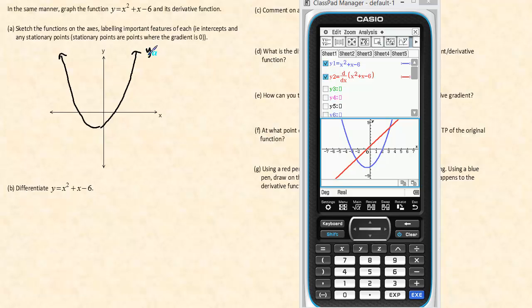So this one is x squared plus x minus 6, and then this one here is a straight line like so. So this one here is going to be y is d dx of x squared plus x minus 6.